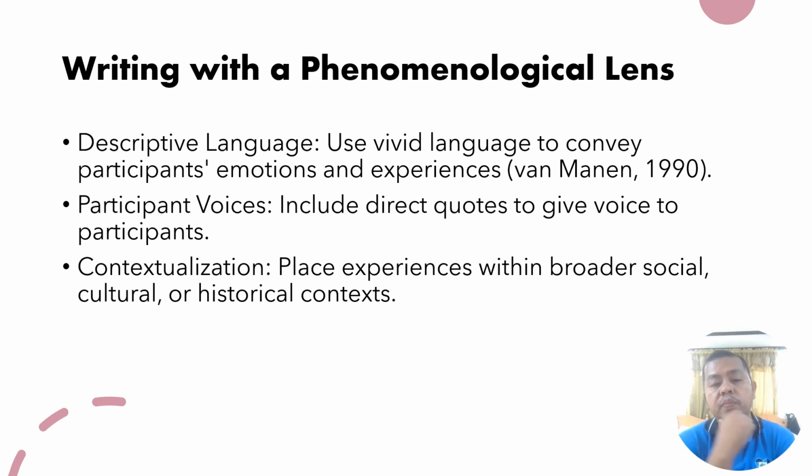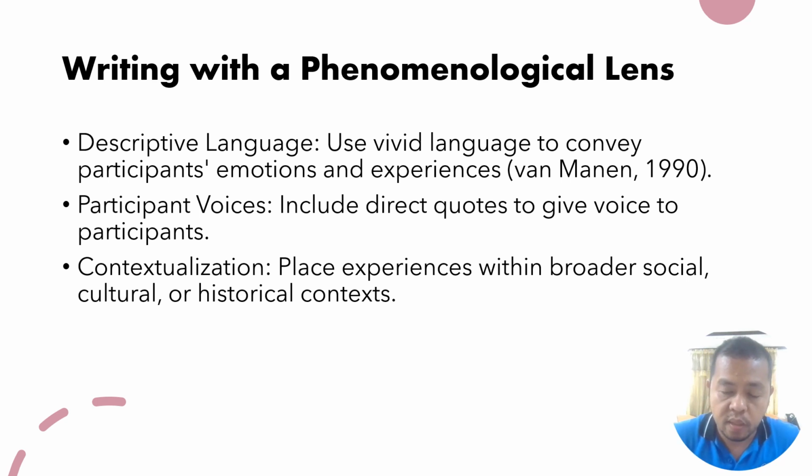Now, how do you make sure that what you have written follows the phenomenological lens? First, you have to ensure that there is descriptive language. So when you write the results and the discussion, you use vivid language to convey participants' emotions and experiences. What is vivid language?